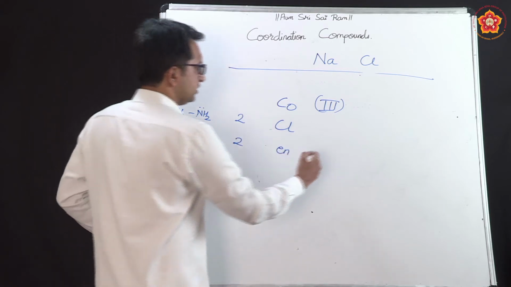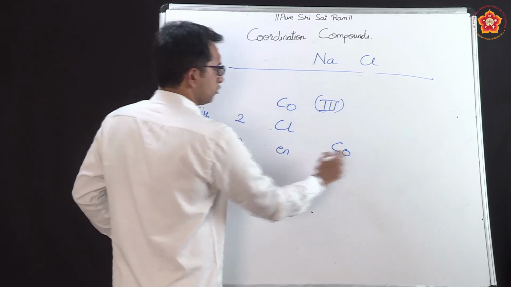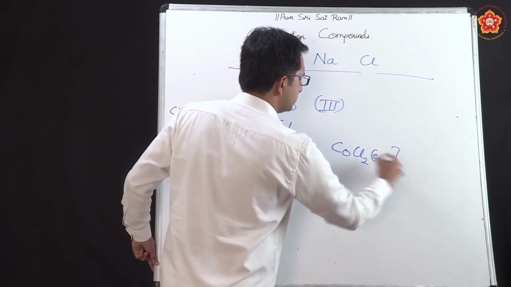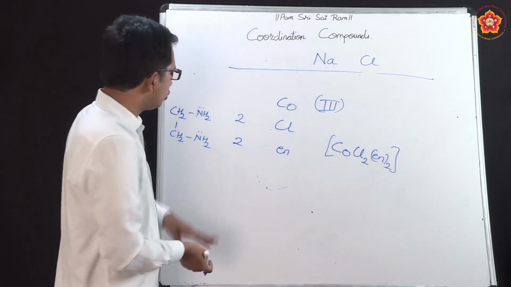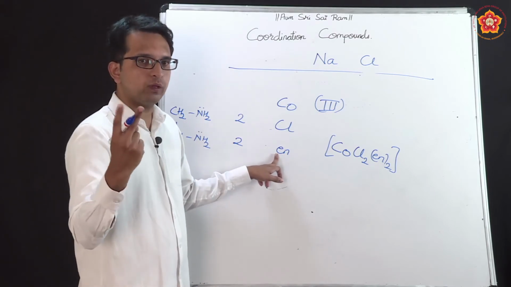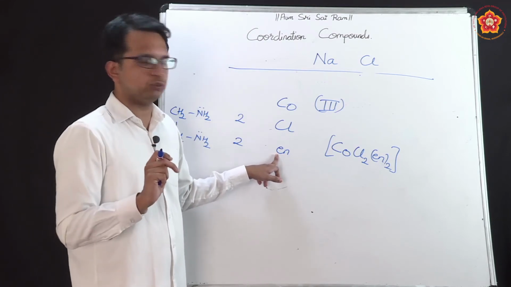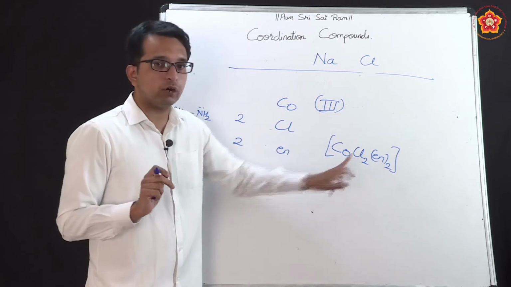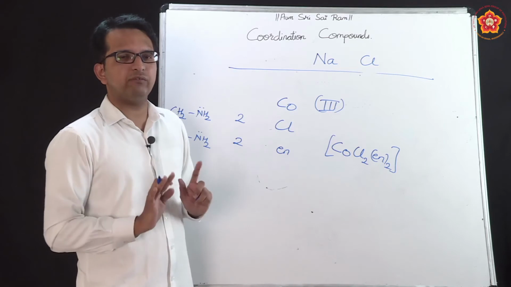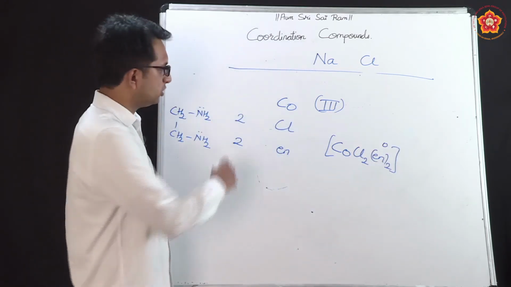So, cobalt is in plus 3 state, then they have told that it is dichlorido, and en is also present twice. Because they are told bis(ethane-1,2-diamine), bis indicates 2, and bis is used because in ethane diamine, the word di is already being used. So, this is the compound Cl2. Now, the question is, it does not have a counter ion, which means that this complex should have a charge. We know that en is a neutral ligand because there are no charges.